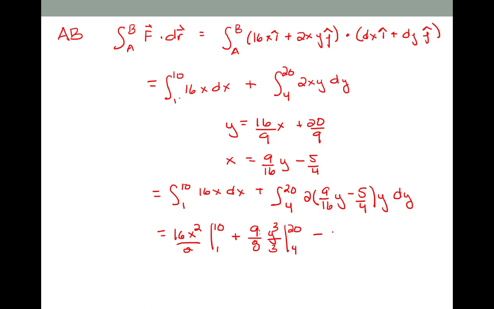That works out to be -5/2 times y squared over 2, again evaluated from y = 4 to y = 20. Plugging in the limits of integration, this results in the total work done being 3,288 joules. And we see for this force, we get a different value for the work done for all three paths we could take. This concludes this part.